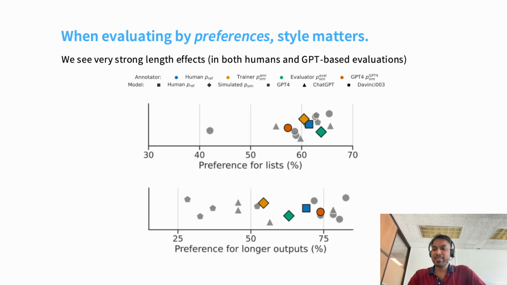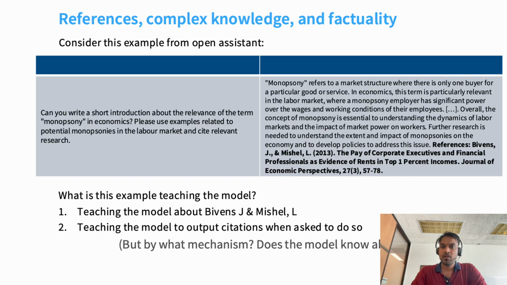But if you look at how humans prefer, humans generally prefer lists, and humans generally prefer longer outputs. And this is a little bit concerning, because we want to optimize for capabilities, we want to optimize for a lot of diverse things, but we do see that some of the things that humans prefer are not really covered by existing data sets.